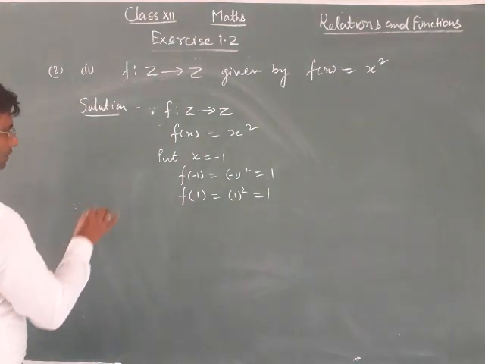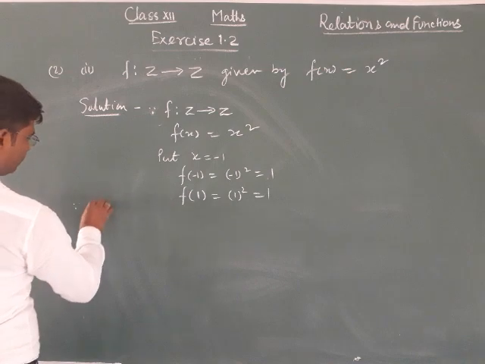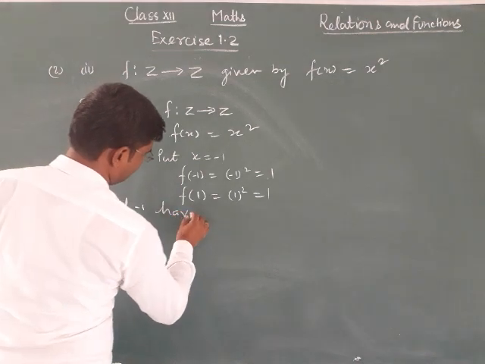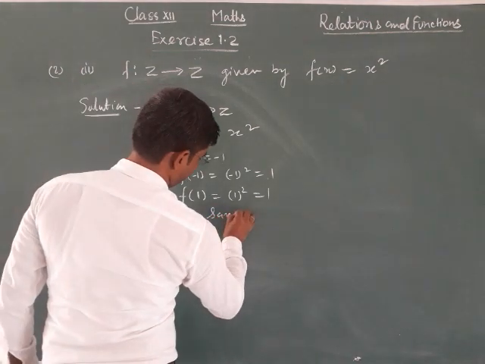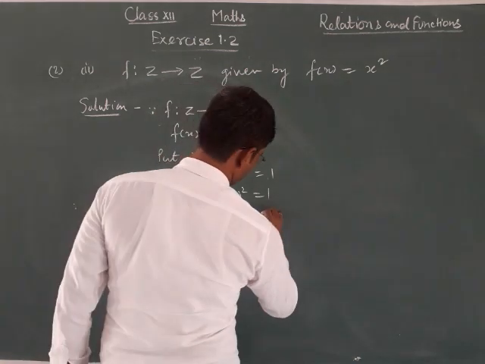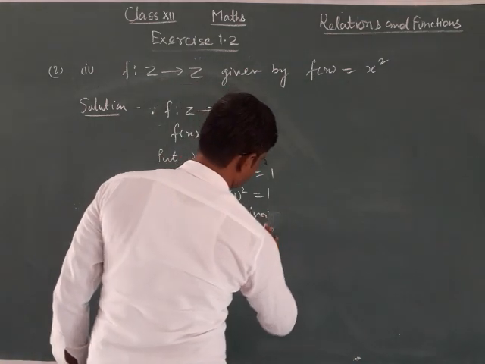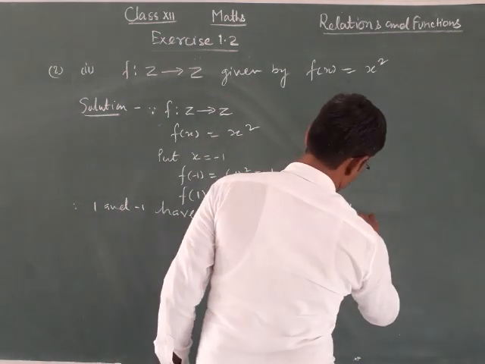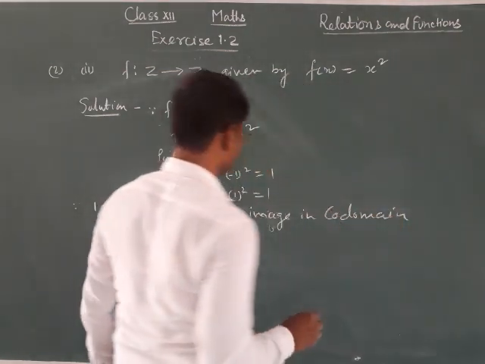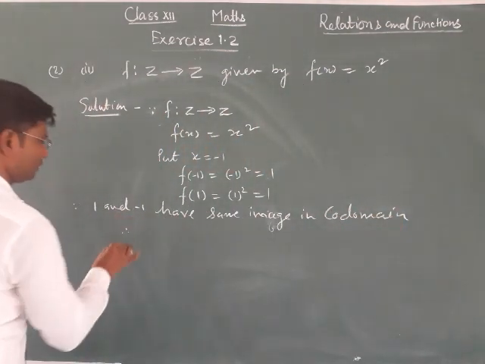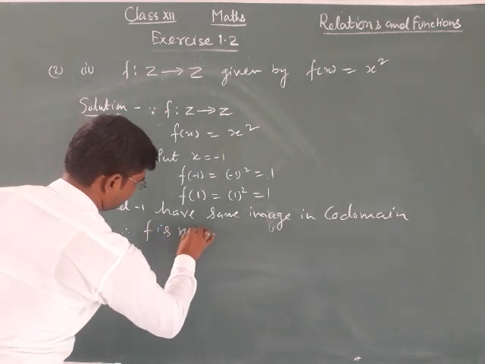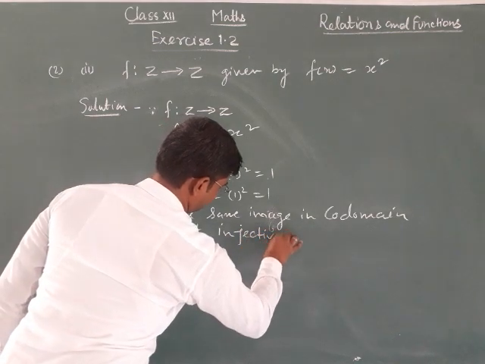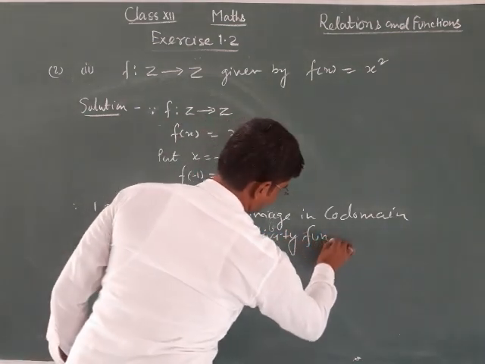Since 1 and -1 have the same image in codomain, therefore f is not an injective function.